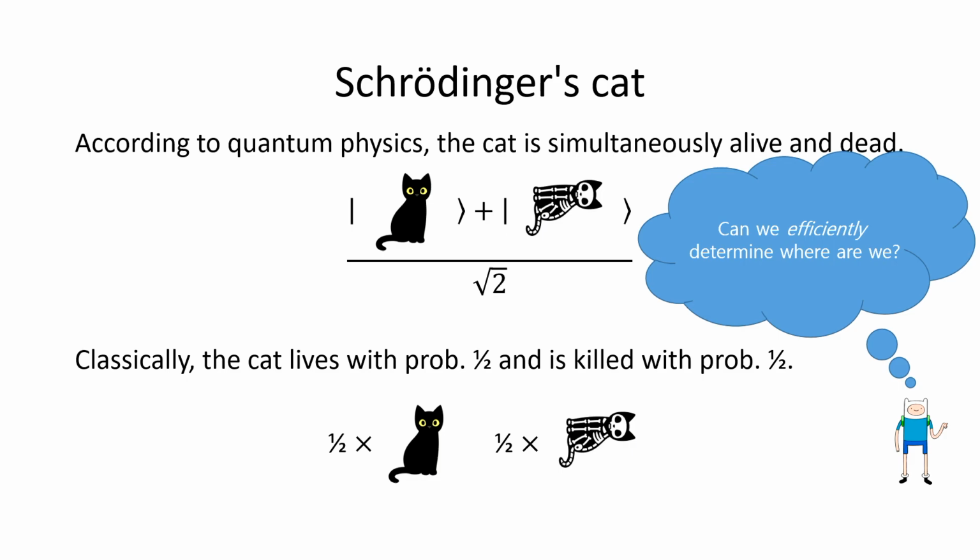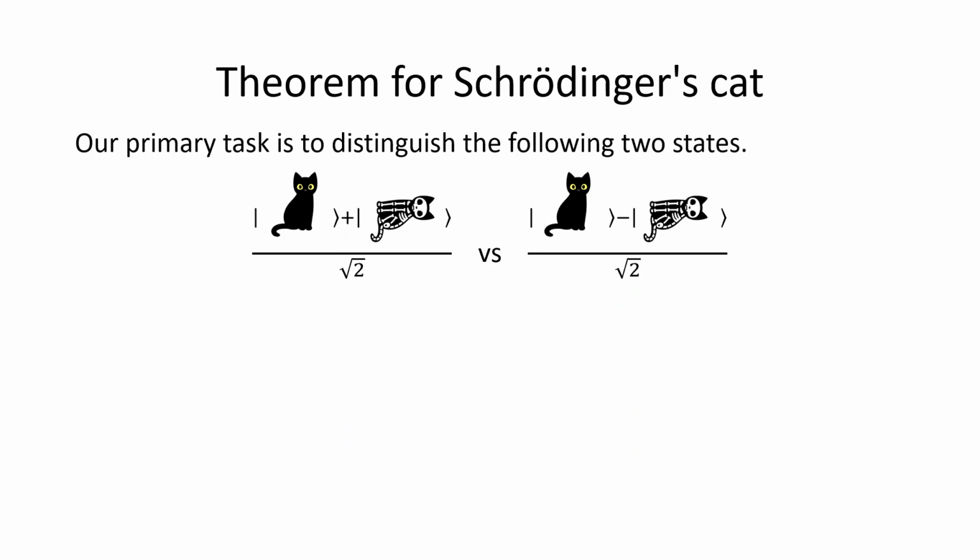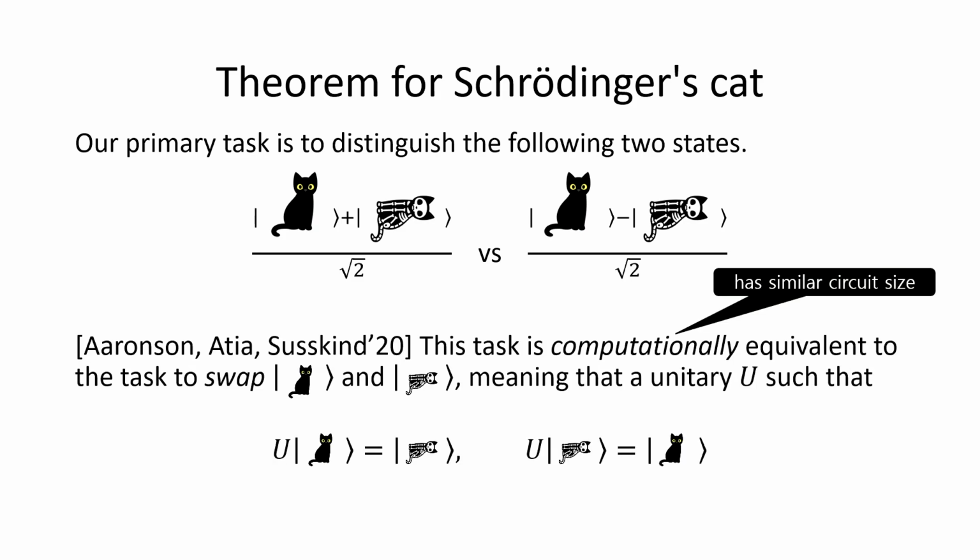Believe me, this task is equivalent to distinguishing two states: one is alive plus dead, and the other is alive minus dead. Using some convexity arguments and some quantum physics, our primary task is distinguishing alive plus dead from alive minus dead. And here the Aaronson-Atia-Susskind theorem comes.